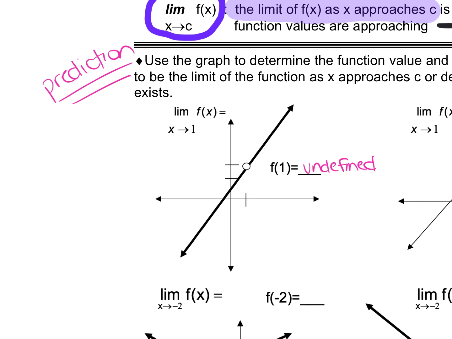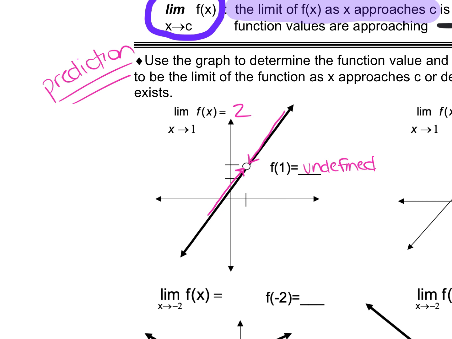But if I traced the graph coming in towards 1, wouldn't we be able to say what y value that's getting real close to? Yeah, that's getting real close to 2. That's what a limit is. It's saying, although there is no y value right there, if I had to make a prediction, I could say my y value there is getting real close to 2. Okay? And that's all that a limit is.